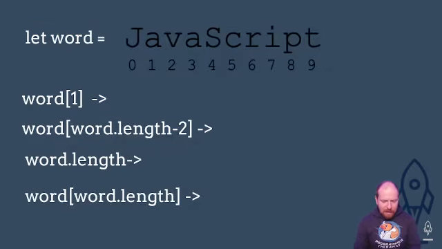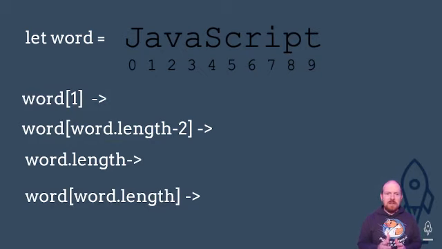So just real quick, like I said, we're going to go over these quick basics just to make sure everybody's on the same page. Whenever I say let word equals JavaScript here, remember that indices start at 0. When you do block coding, if you've done any of those intros, sometimes they'll start at 1 because it makes sense. It's the first character. But almost everything we do in computer language actually starts with 0.